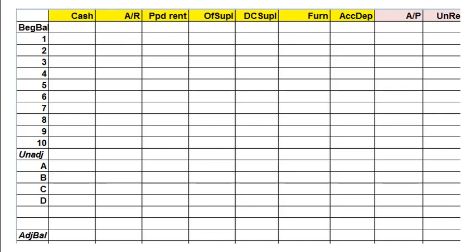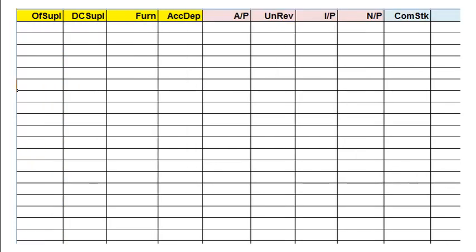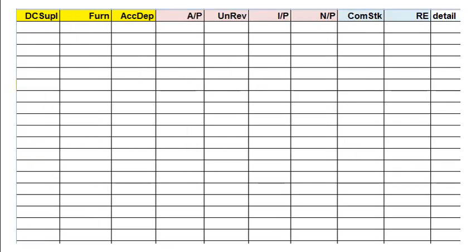So you could right above this line write assets, because those are all of the asset accounts. Then over here on the other side of your spreadsheet, accounts payable, unearned revenue, interest payable and note payable. These will be our liability accounts. So above these 4 accounts, you can write the word liabilities.